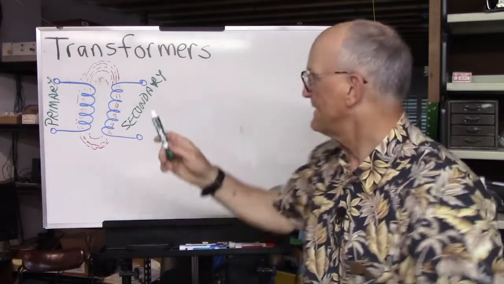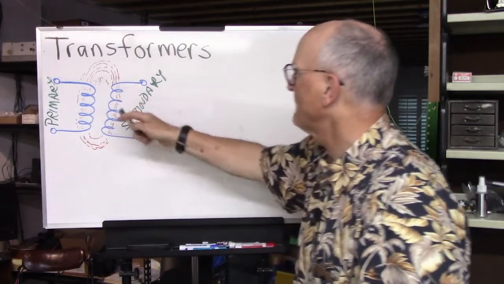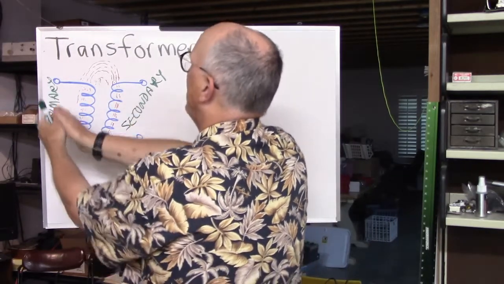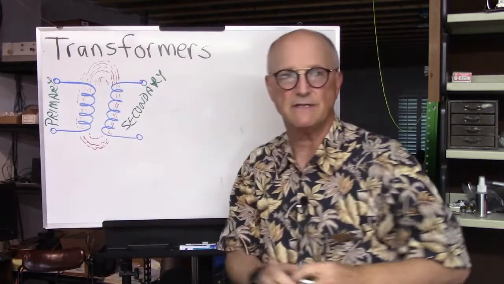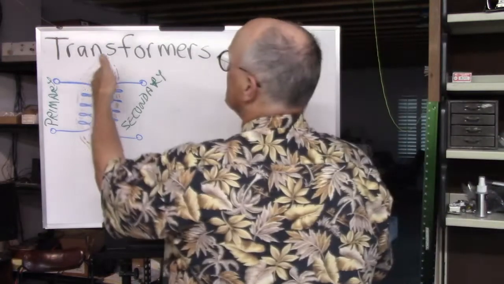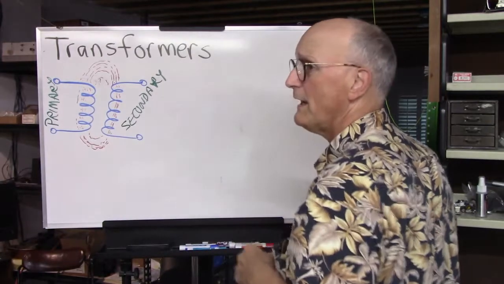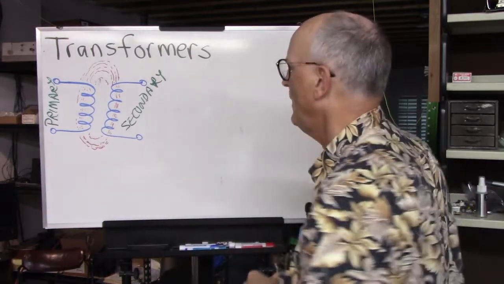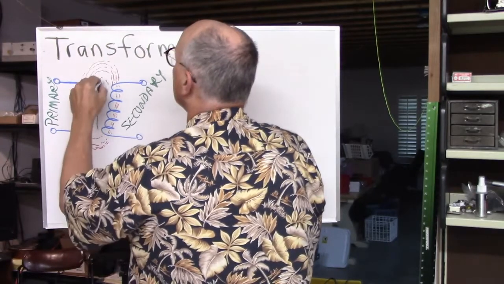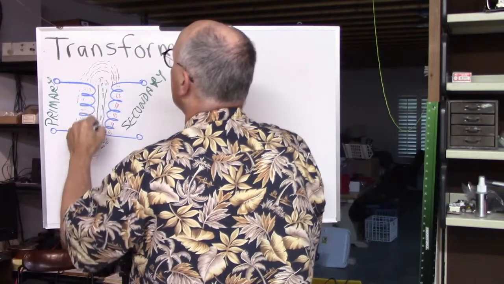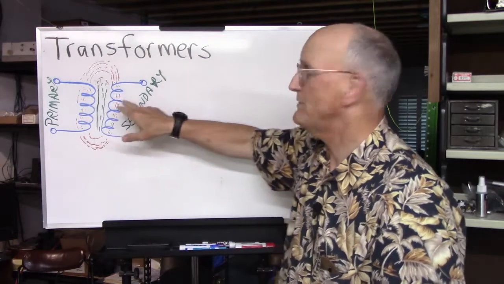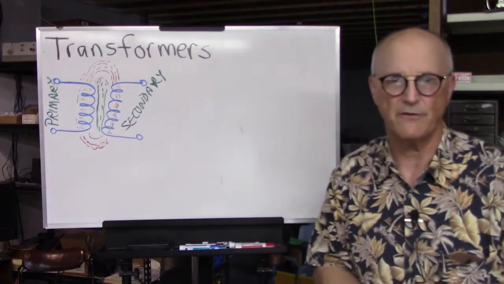Remember, it is the magnetic field that is responsible for transferring the energy from the primary side to the secondary side. Now, they may choose to do this just as an air core, again, depending upon the frequency, or they could decide to add some kind of magnetic material in here, as is indicated by lines that they put between the primary and the secondary.